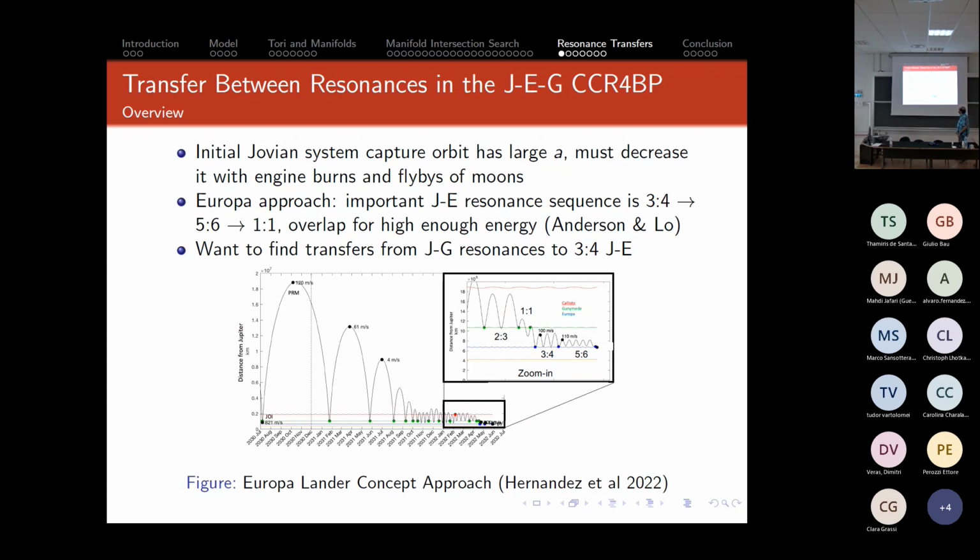Previous studies by my mentor at JPL, Dr. Anderson, and Martin Lo, have shown that the last few steps of this are a 3-4 to a 5-6 to the L2 Lyapunov periodic orbit in Jupiter-Europa, if you're trying to land or get captured in the Europa region. So the question is, before that, where should you come from? Which Jupiter-Ganymede resonance should you try to find a switching orbit from to that 3-4 Jupiter-Europa resonance?